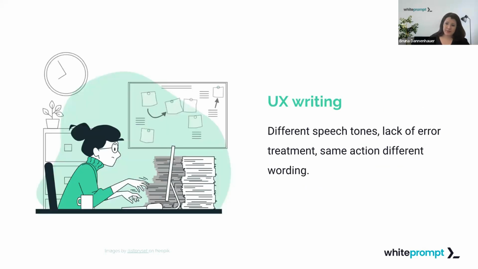And UX writing also is a great topic. So if the product has different speech tones, or when you have an error message and that red error with a code pops up in your face, or the action you do for a button is the same action but with different wording, like one button is next, the other button is done, the other button is submit, and they all mean the same thing.